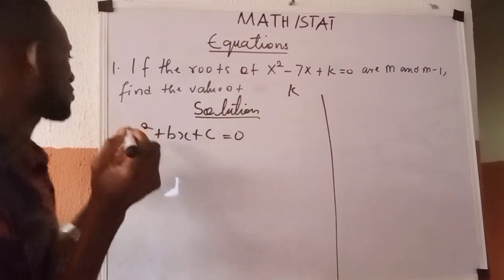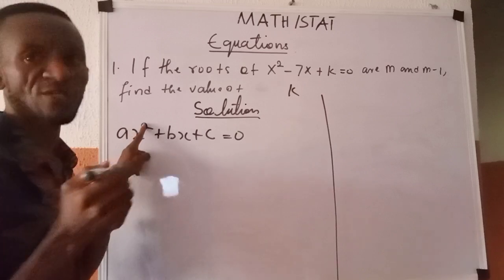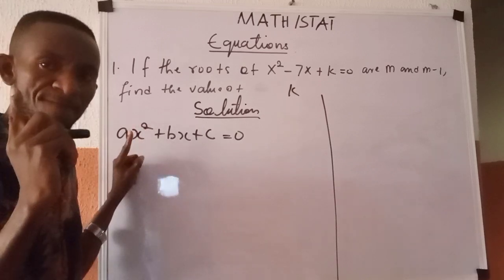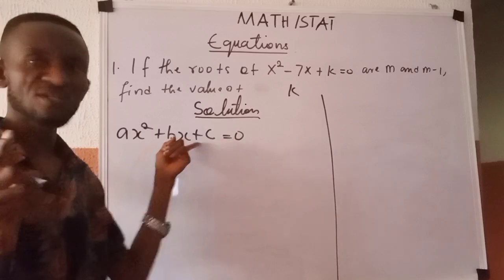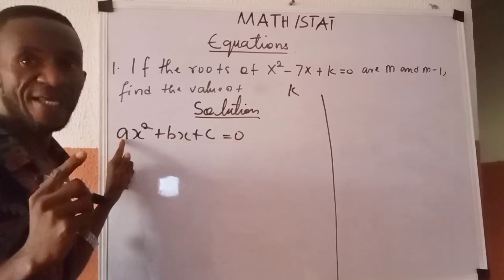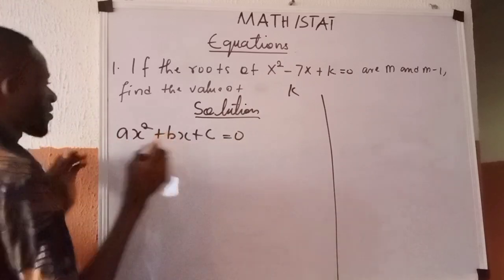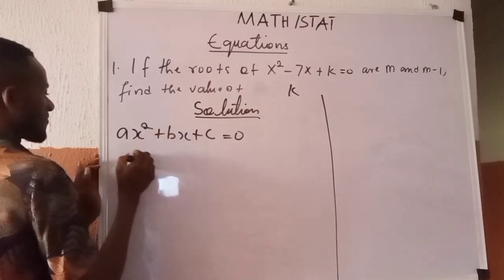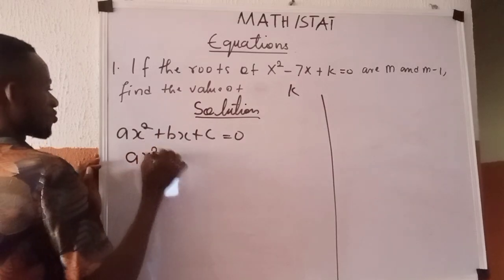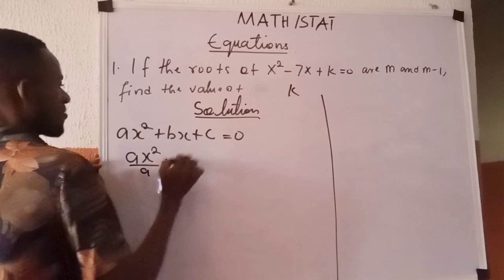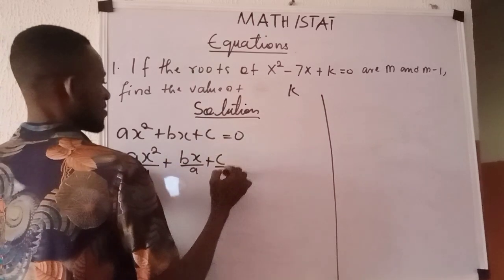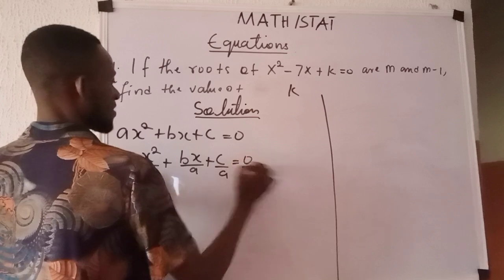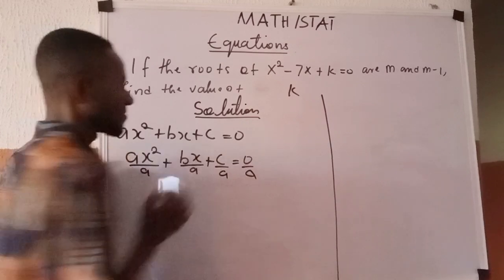And then if you want to make the coefficient of x raised to power 2 to be 1, you are going to divide all the terms in this equation with the letter a. By doing so, you have a x raised to power 2 all over a, plus b x all over a, plus c all over a equals 0 all over a.